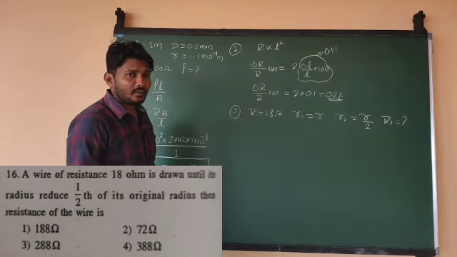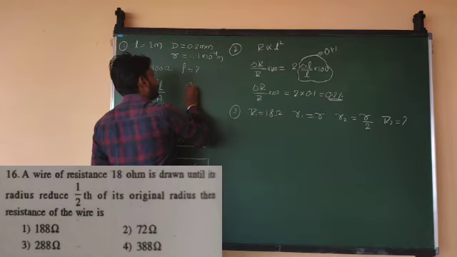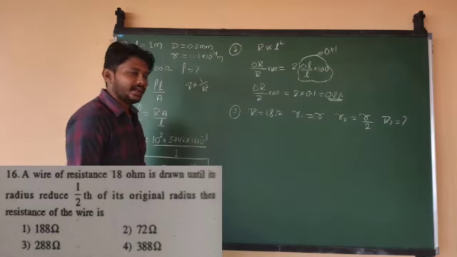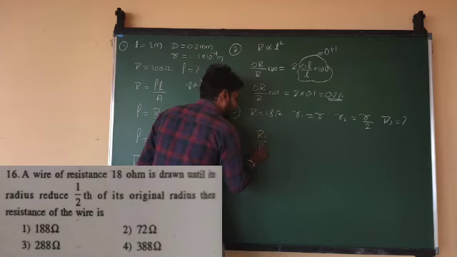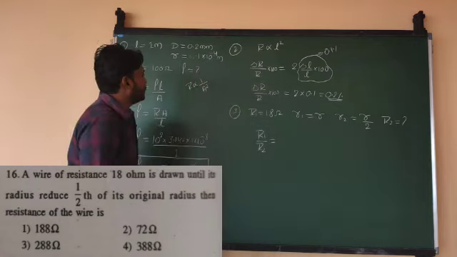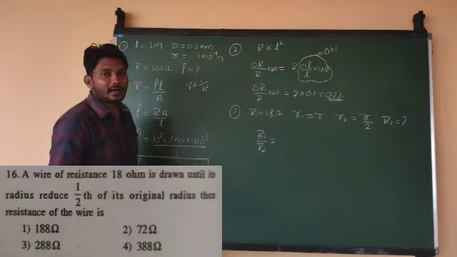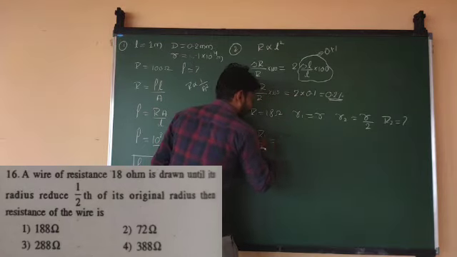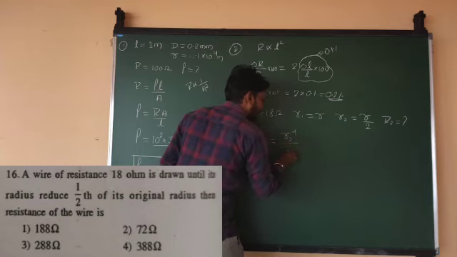At constant volume, what is the connecting formula for resistance and radius? For constant volume, resistance is inversely proportional to the square of its area. So R1 by R2 is equal to A2 square by A1 square. A2 square means pi square R to the power of 4, so the pi term cancels out, giving R2 to the power of 4 divided by R1 to the power of 4.